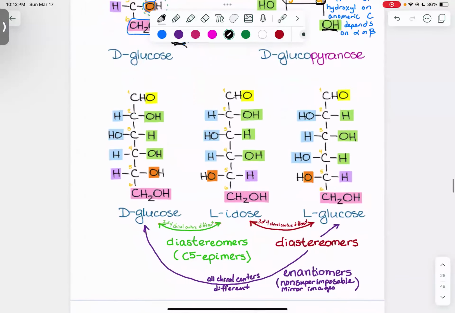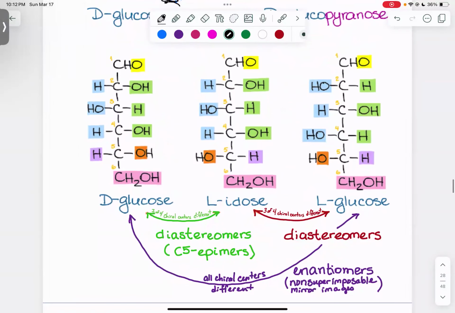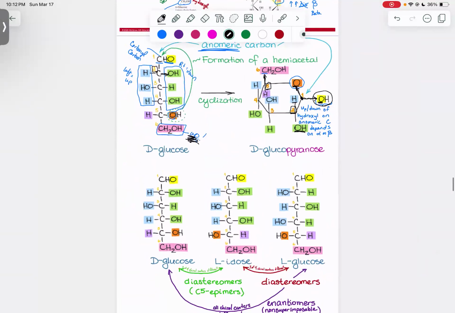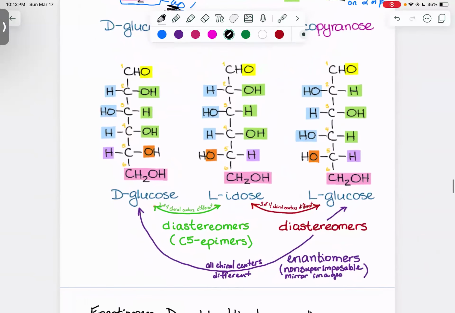Okay, so now I want to review some of these terms from when we talked about chiral carbons, and how some of them had different stereoisomers and that kind of thing. So I want to show you a few things. You can have D and L, right? With D and L, all we're saying is that we have perfect mirror images of one another.